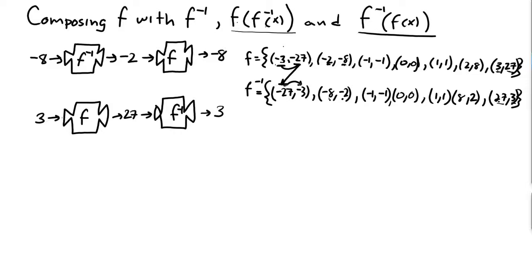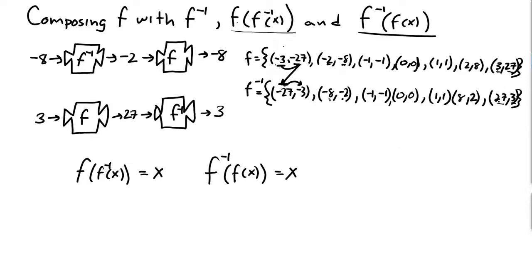So you've got this kind of zigzag that happens, domain to range to domain to range, like that. What this tells me is that when I compose f with f inverse of x, what I get out is x. And when I compose f inverse with f of x, what I get out again is x.